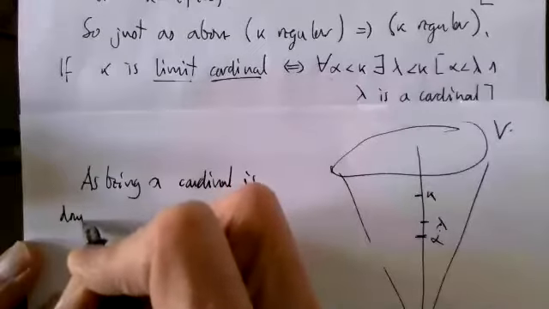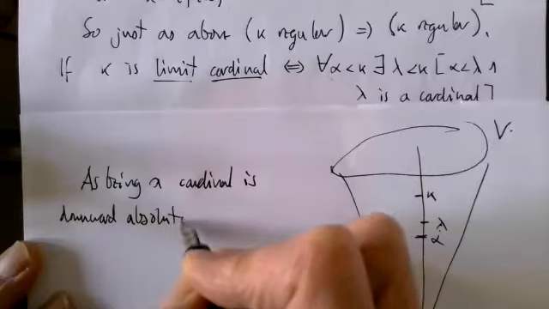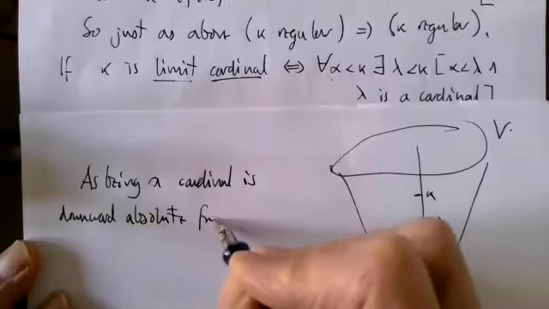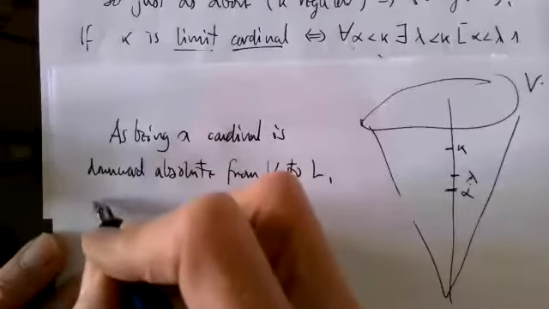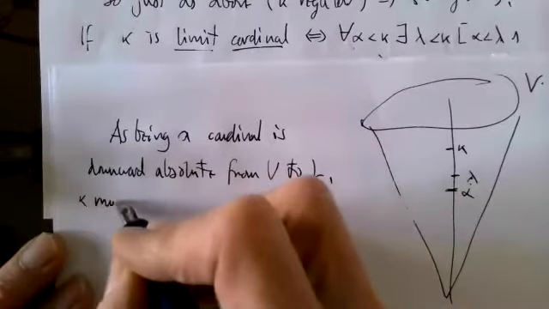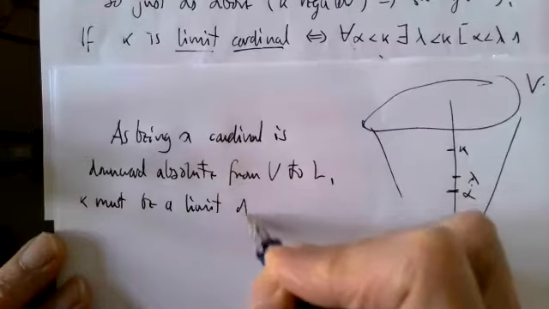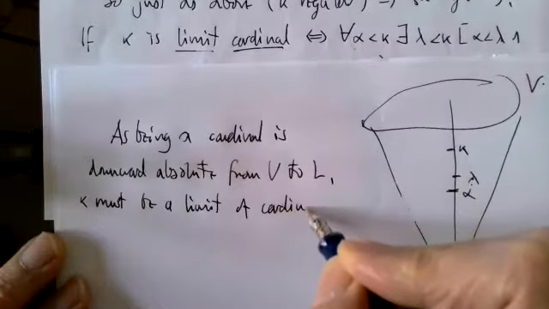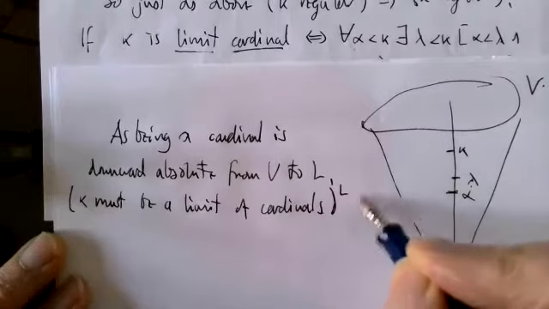Being a cardinal is downward absolute from V to L, so kappa must be a limit of cardinals. This holds in L too.